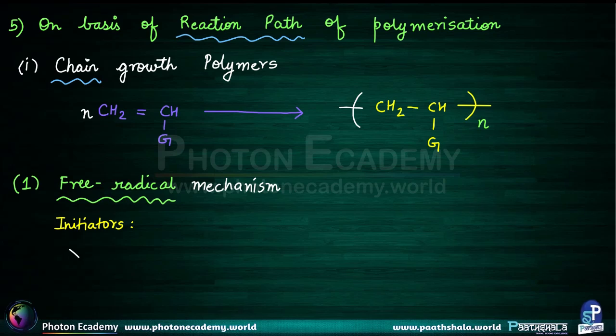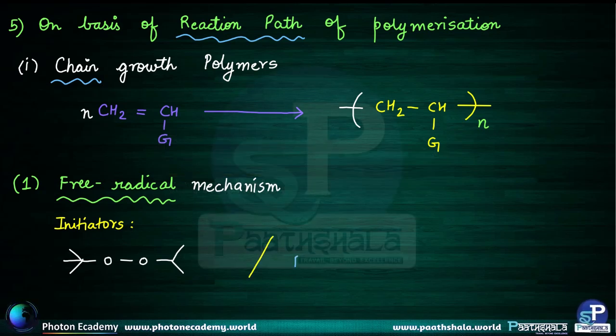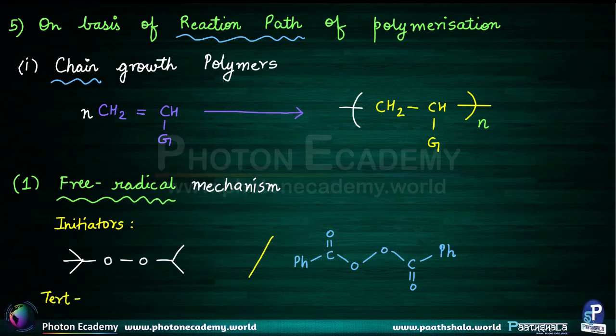In the free radical mechanism we have initiators which are somewhat like this, or we can have another one which has a structure like this, with C=O, then we have the Ph again. The name of the first one is tertiary butyl peroxide.